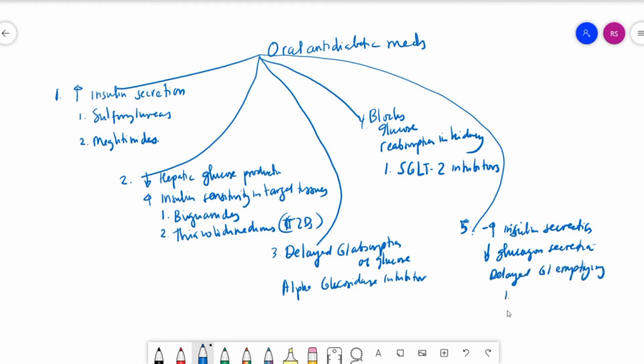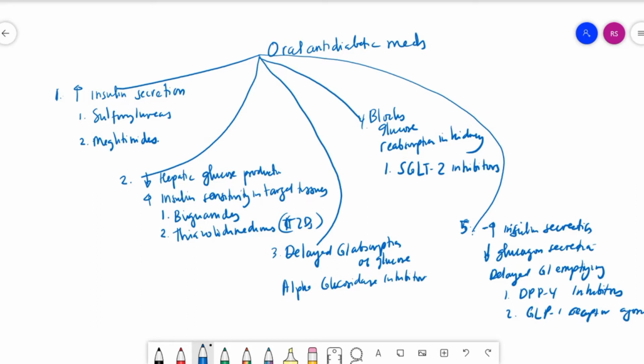There are 2 classes for this. The first is the DPP-4 inhibitors, and the second is the GLP-1 receptor agonists.